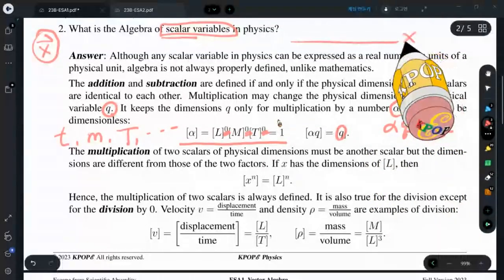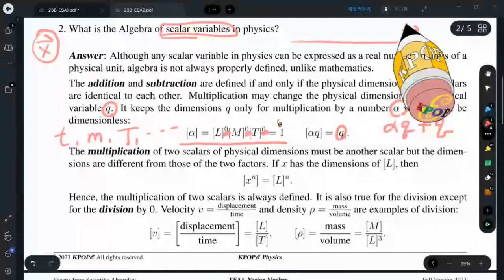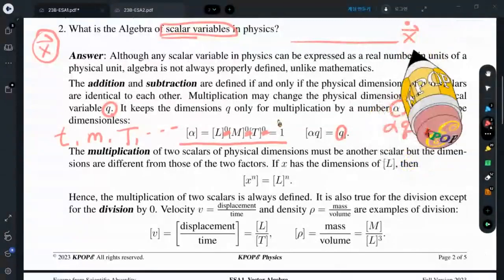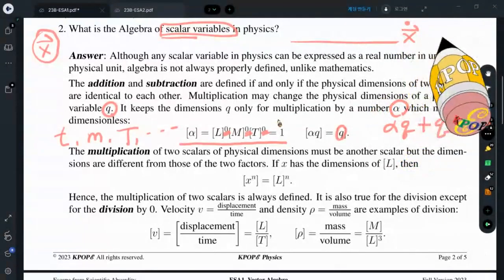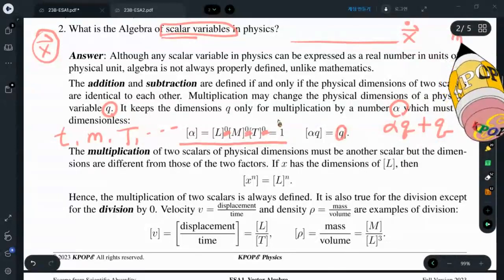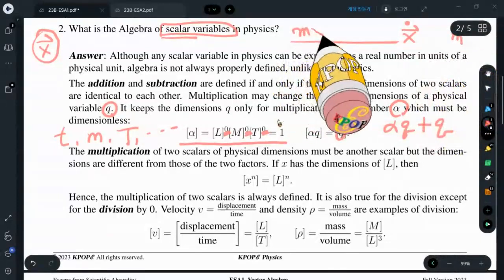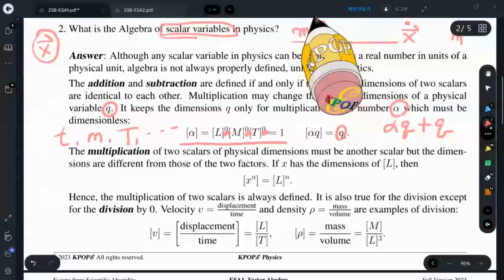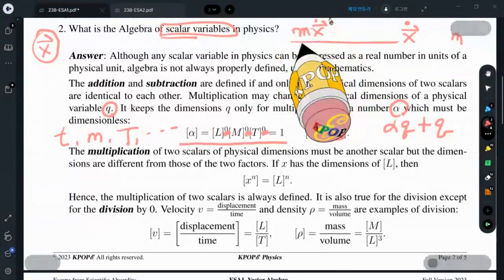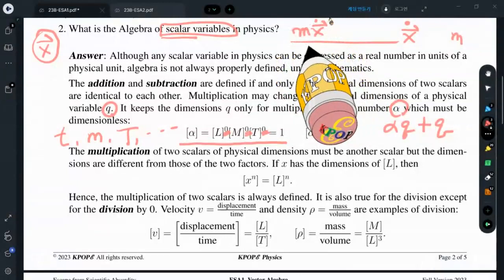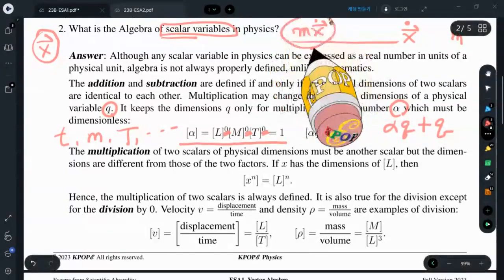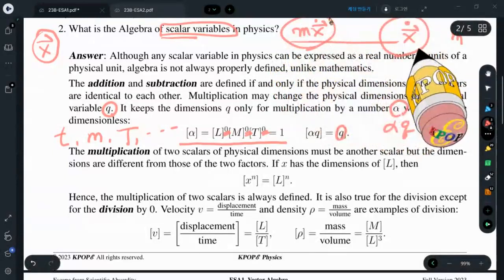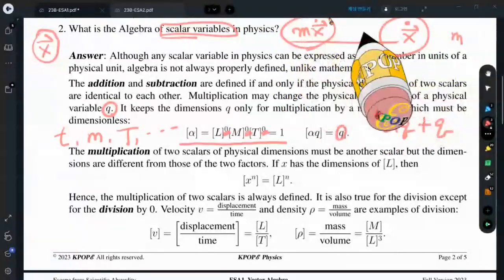Okay, we have velocity. That is the first order time derivative of position. And if you multiply this one by mass, what we obtain is the velocity multiplied by mass. That is the momentum, linear momentum. They look similar.